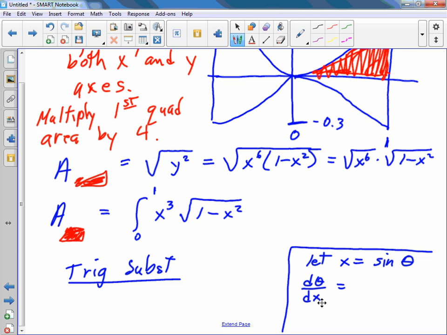Remember Mr. Hale's little chart? Cosine theta. That's dy dx. Oh, did I do that backwards? dx d theta. Sorry.